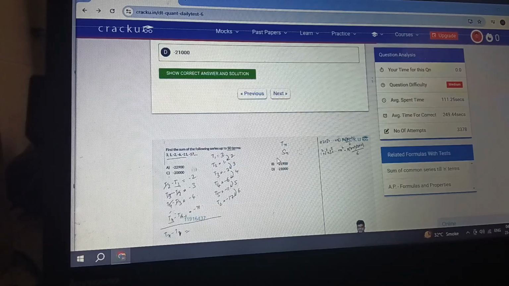And the sum of the cubes of the first n natural numbers, that is 1 cube plus 2 cube plus dot dot dot till n cube, is equal to n into n plus 1 by 2, which is very similar to the first equation, but over here you will have whole square. These are important formulas which will help us in solving these kind of questions very fast.